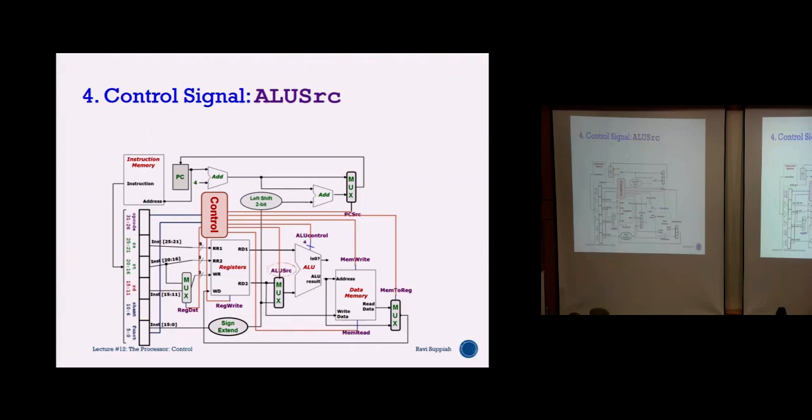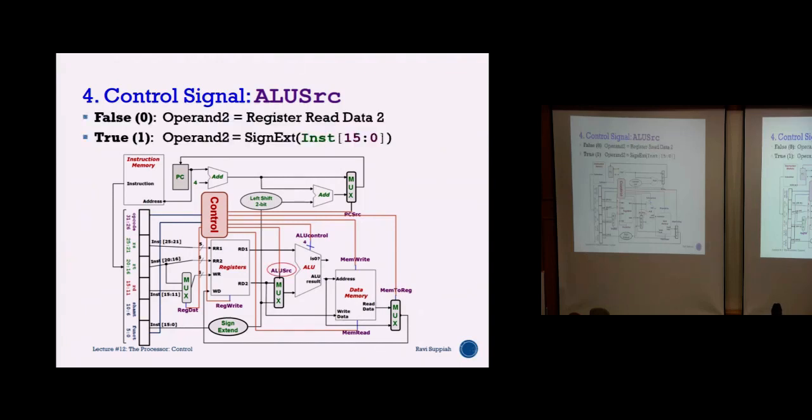ALU source is to differentiate between two possible inputs. One is your register read data 2, which is this. You can see that this is connected to the top here, so this is 0, and this sign extended immediate value is connected to the 1. So if ALU source is 0, then I take from here. If ALU source is 1, then I take the sign extended immediate value.